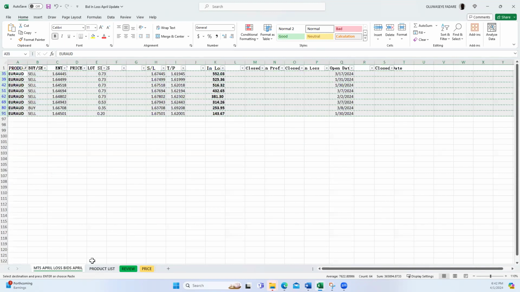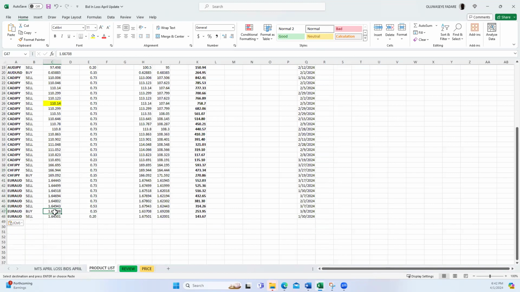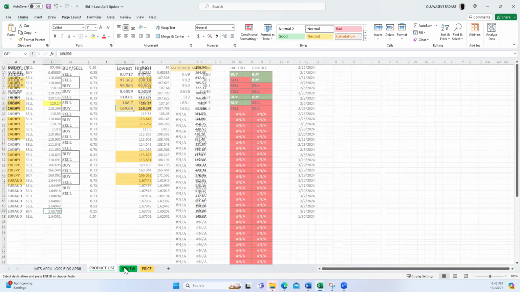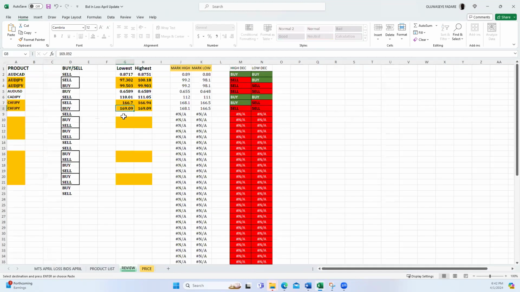As the normal rule, just one is going to cover for both sides. So Euro AUD. I need to move this.